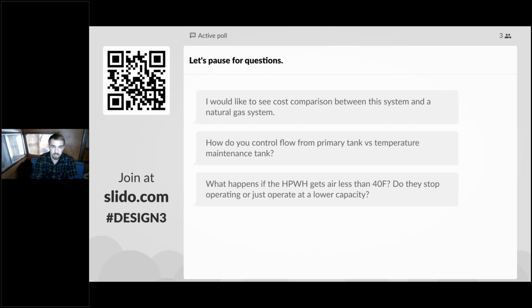If 5 gallons comes out during a shower, then 5 gallons of cold water only enters that primary tank, right? So it's 5 gallons out, 5 gallons makeup coming in, while the temperature maintenance tank has loop water that's consistently circulating and doesn't really have the chance to return to the primary storage. They balance themselves out because their inlets are only allowed certain flows.